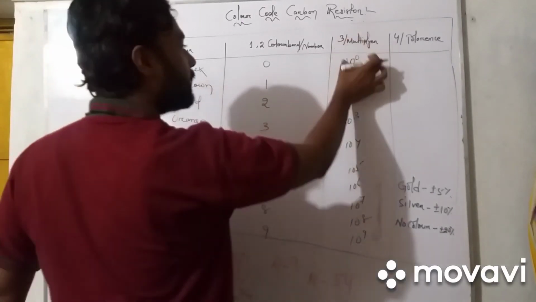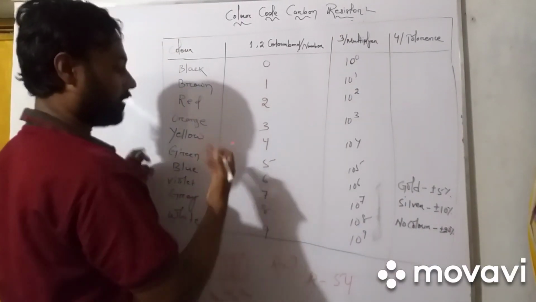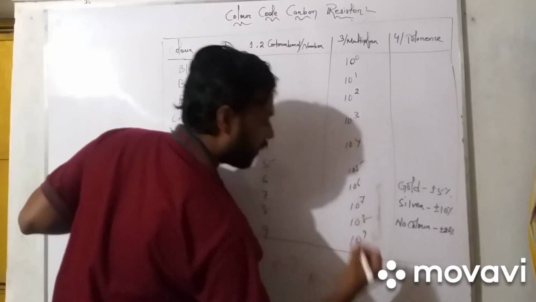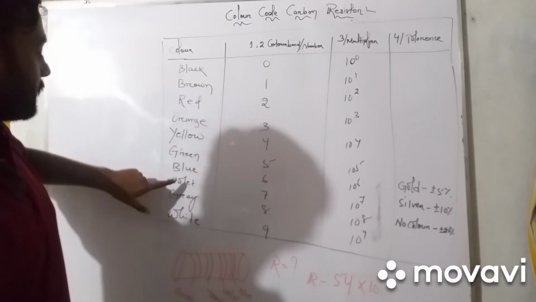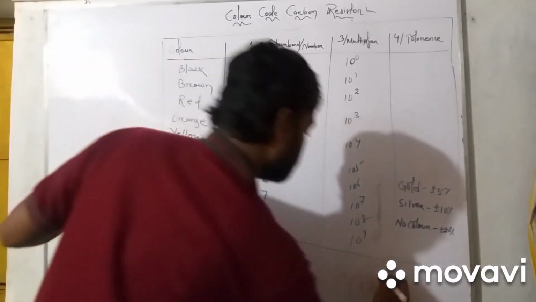Violet represents the multiplier, that is the order of the significant number, that means 10 to power. Violet represents 10 to power 7.